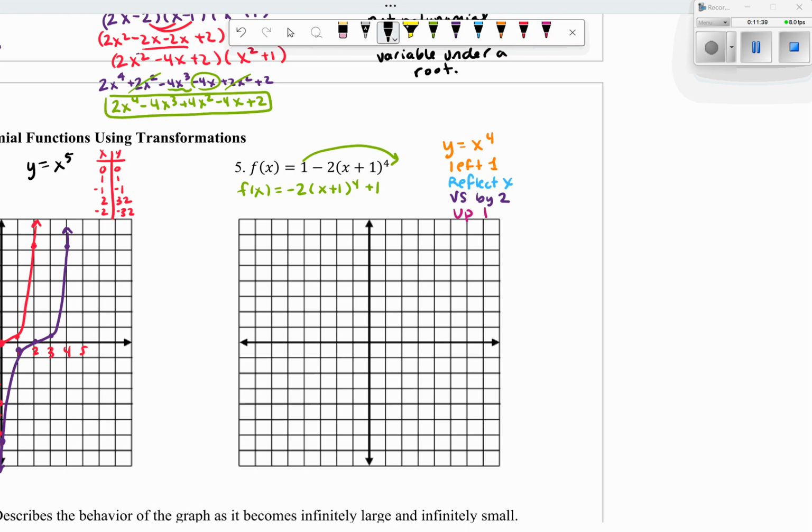So for my parent graph, let's think about plugging points. So 0, 0. If I plug in 1 or negative 1 to the 4th power, so 1 to the 4th power is 1, negative 1 to the 4th power is also 1. And then if we did 2, 2 to the 4th power gives me 16, and negative 2 to the 4th power is 16. So let's count by 2's on our scale here.